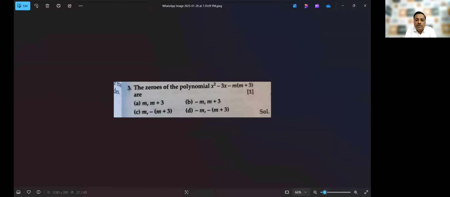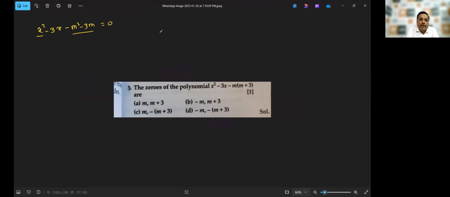The zeros of polynomials are... अभी ये polynomial के zero find out करने हैं हमें. So this is x² minus 3x. Just open the bracket: minus m² minus 3m is equal to 0. So this and this we have to multiply.